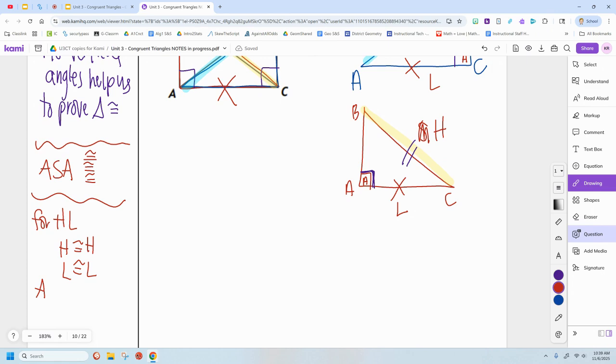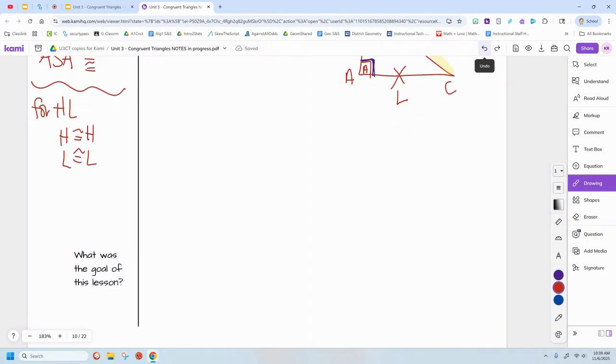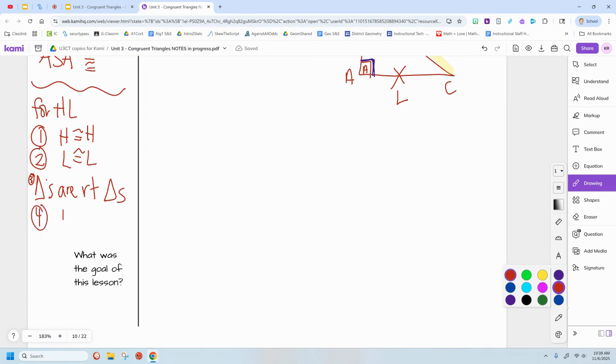Undo. The last thing is not a congruency statement. It's saying the triangles are right triangles. So this is your 1, 2, 3 things you need before you could do HL.